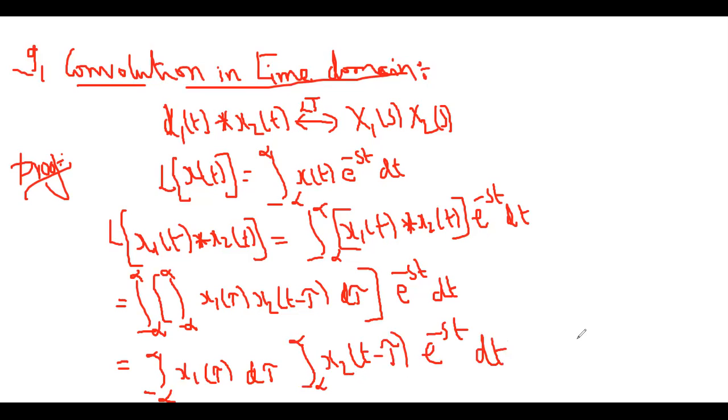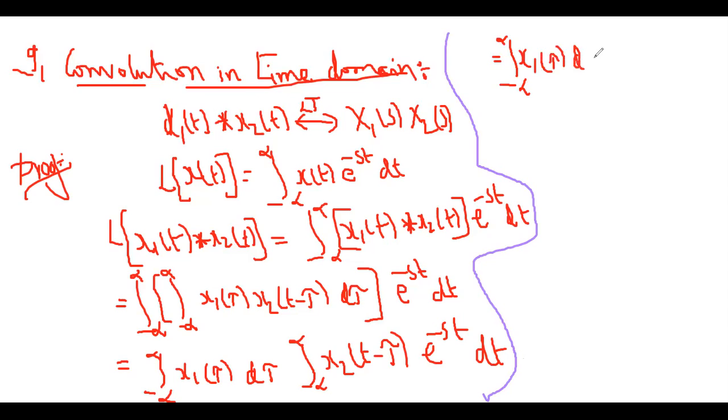Now see, this is the second property. According to the second property, the time shift property is a translation in the time domain. Here it is delayed by tau samples. In this equation, that is equal to the integral from minus infinity to infinity x1 of tau d tau.